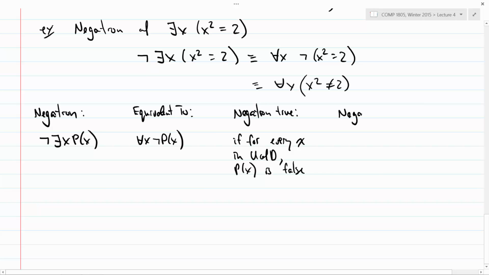And the negation is false if there is at least one x in the universe of discourse such that P(x) is true.